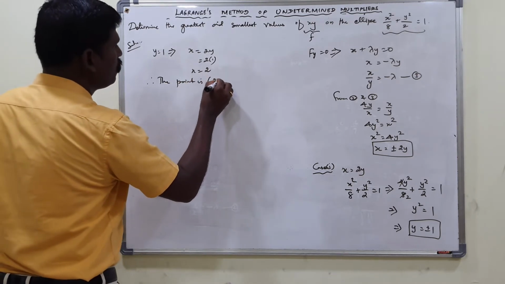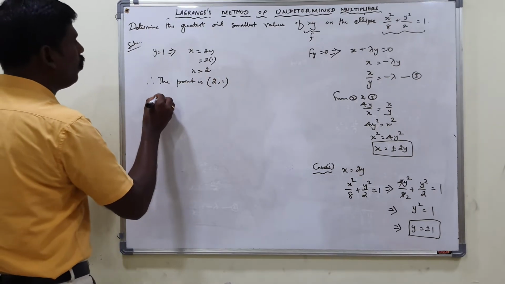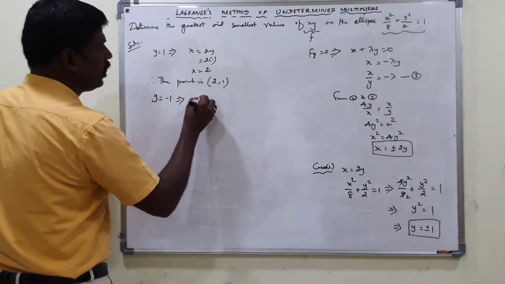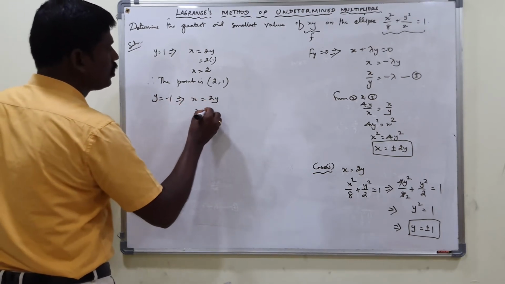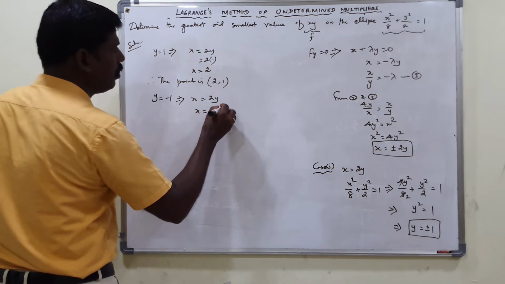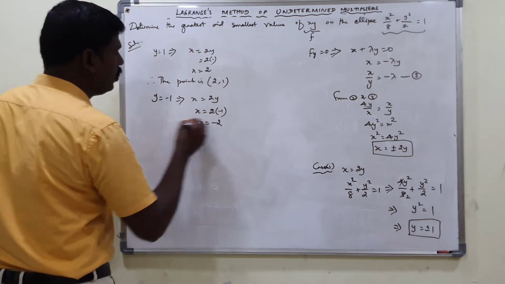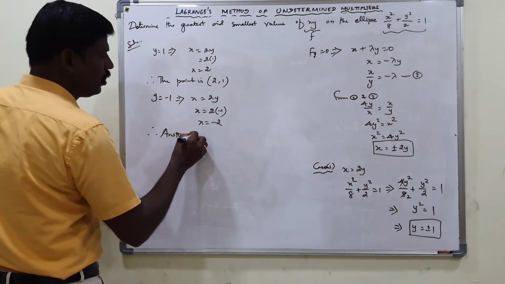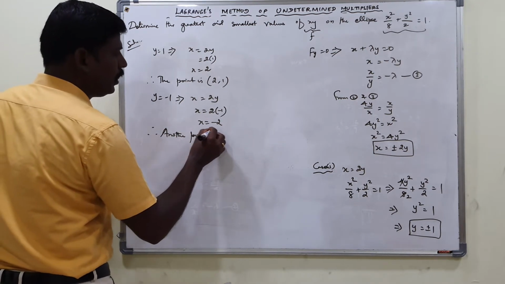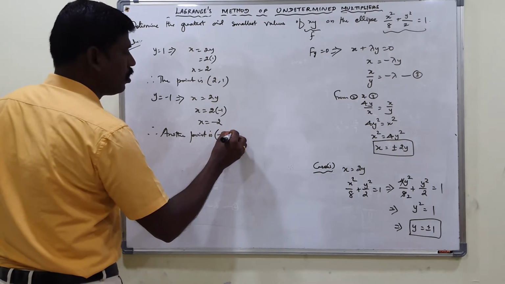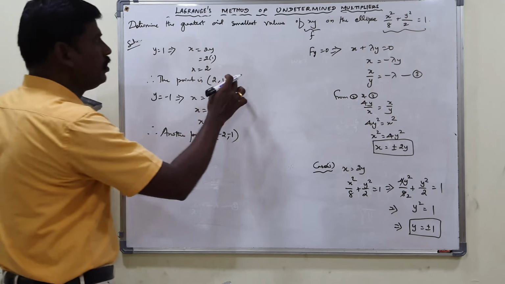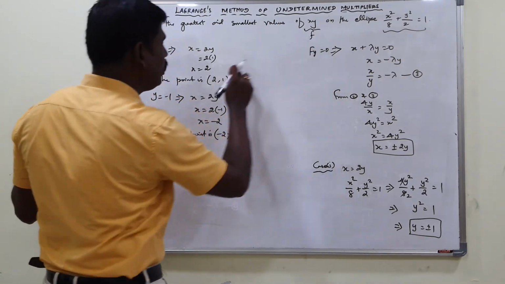Y equal to minus 1 implies, same, x equal to 2y, so x equal to 2 into minus 1, x equal to minus 2. Therefore, another point is (minus 2, minus 1). So now I am going to find the value of f at these 2 points.